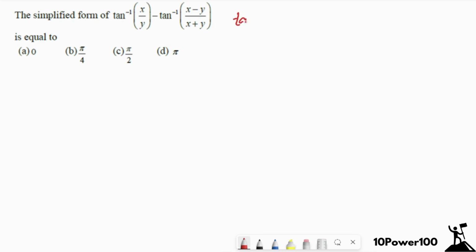Tan inverse A minus tan inverse B is equal to tan inverse of A minus B whole divided by 1 plus A into B. So this is the formula.